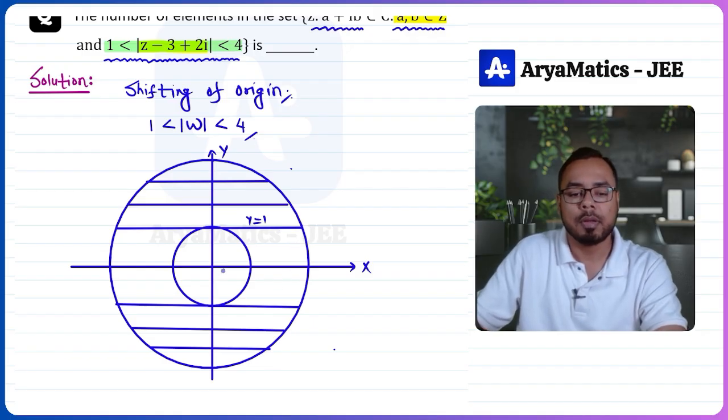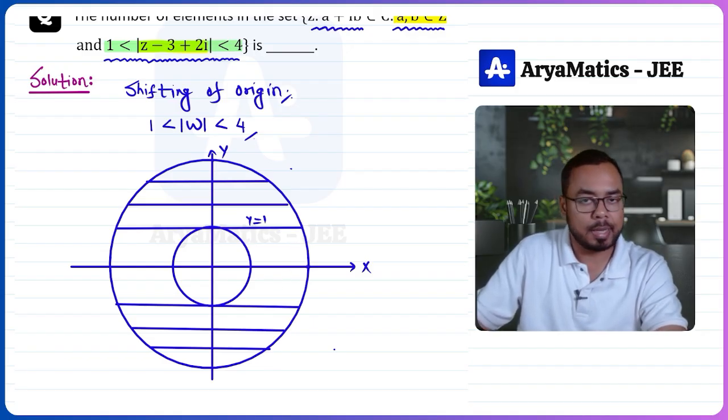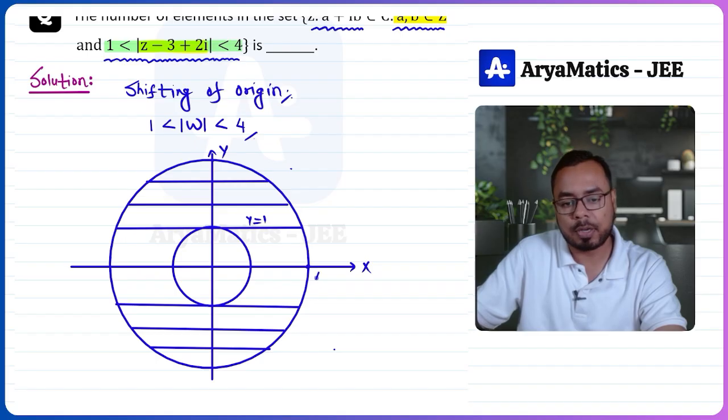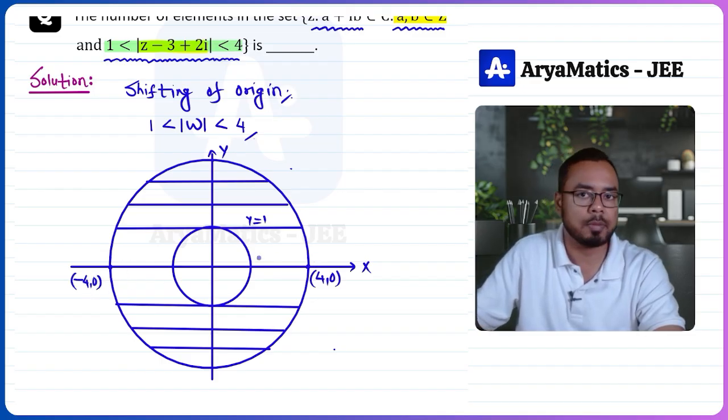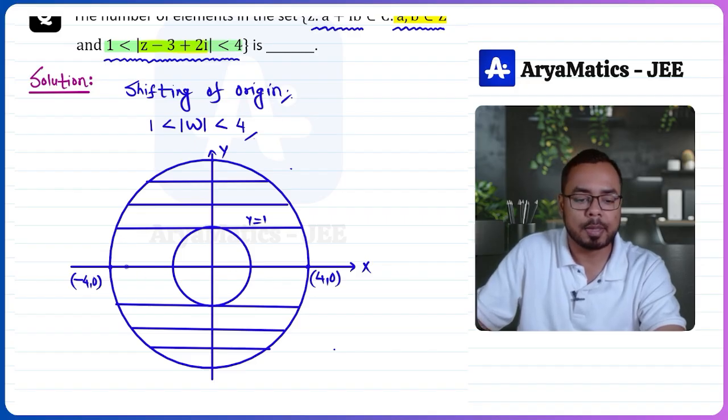Now, on the x-axis, the coordinate of this point will be 4, 0 because the radius of the bigger circle is 4. This point will be minus 4, 0. So if I talk about the line y equals 0, or the x-axis, starting from minus 3, 0, minus 2, 0, minus 1, 0, 0, 0, and in this manner up to 3, 0, right?